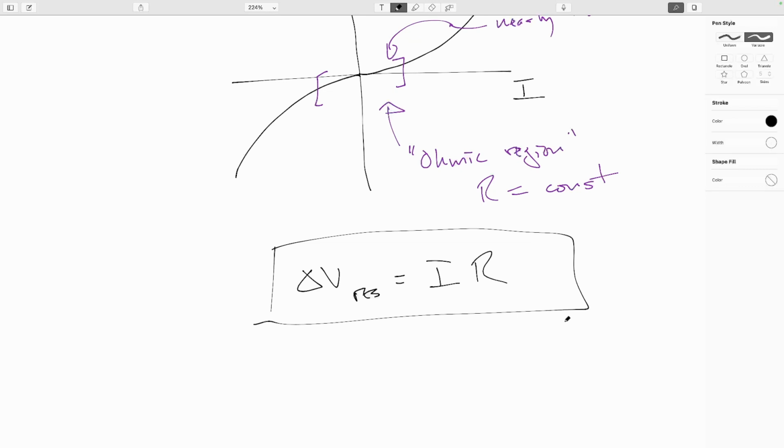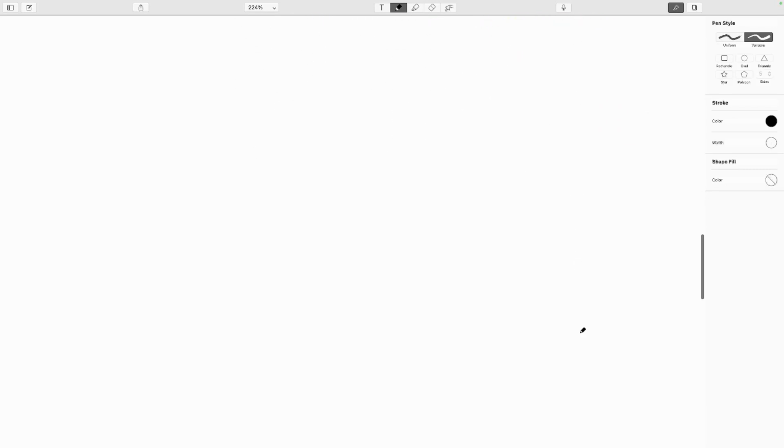Now, for real-world devices, the resistance is not going to be a constant, but often you can engineer them to be constant enough, and that's good enough for most applications. So just to give a rough sense of it, let's say I have a 10 ohm resistor.